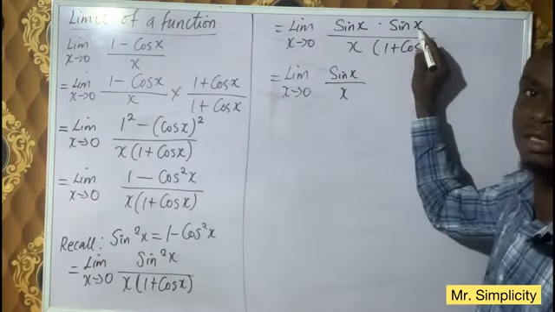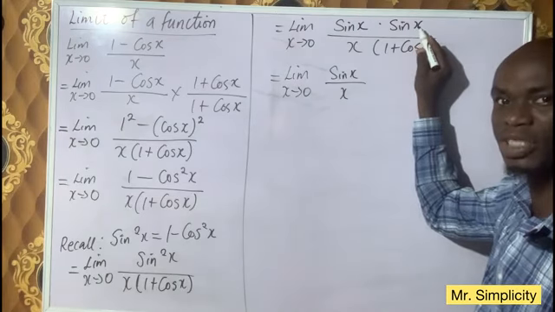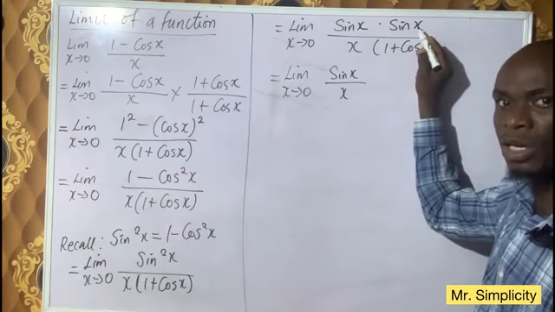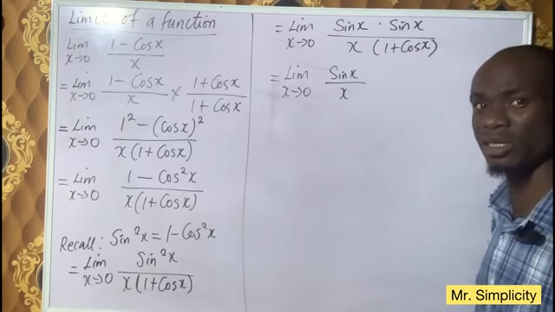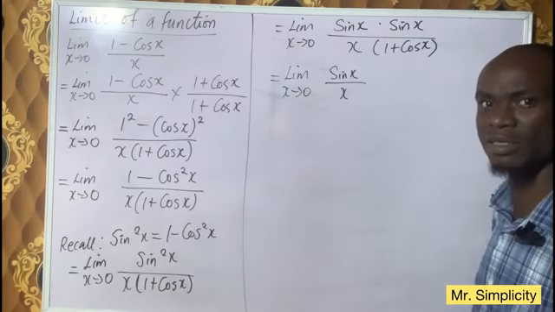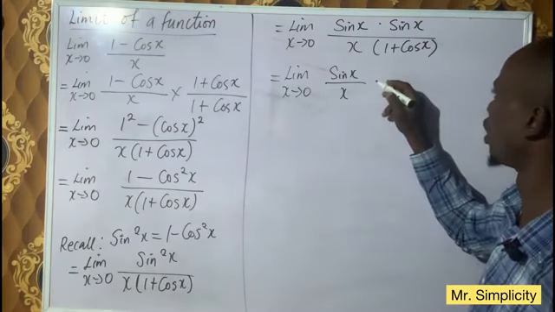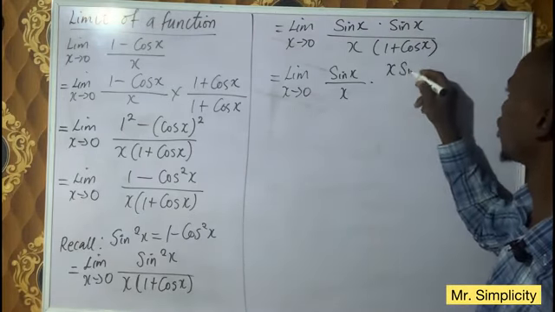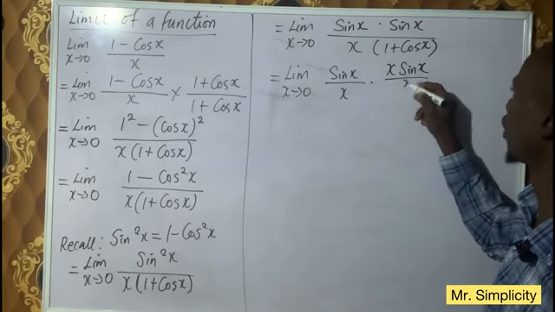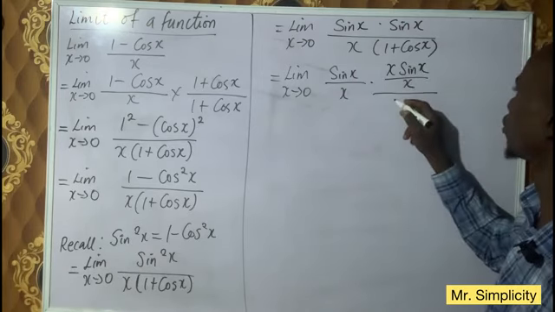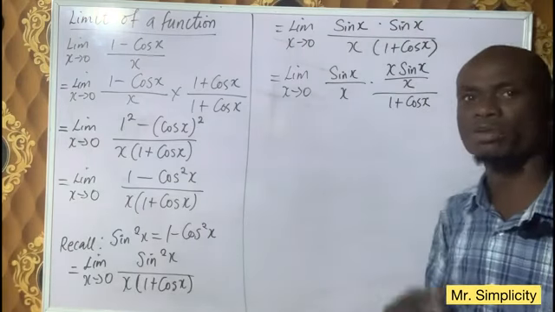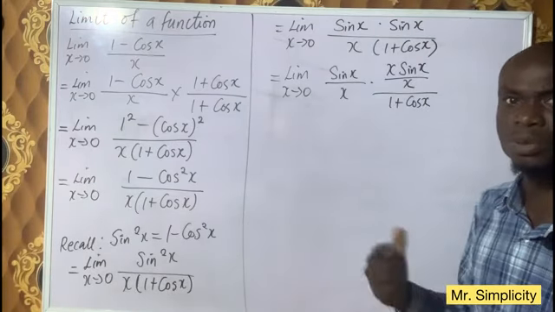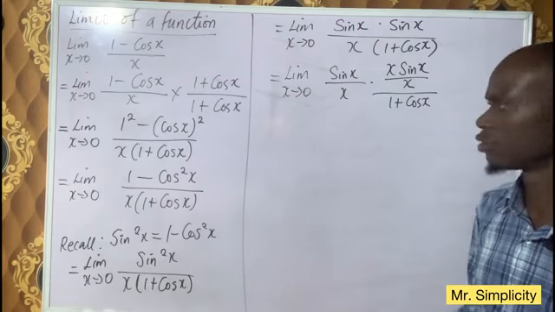But sine x cannot stand alone, so I can make it a special limit. Anytime we see sine x, we can use whatever it is carrying, which is x in this case, to multiply and divide it. So I have x times (sine x over x) all over 1 plus cos x.